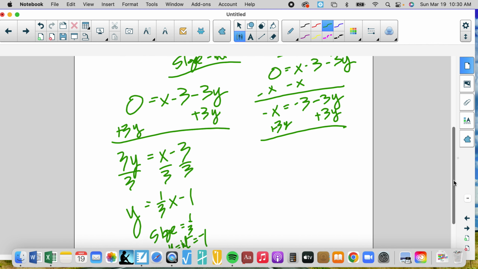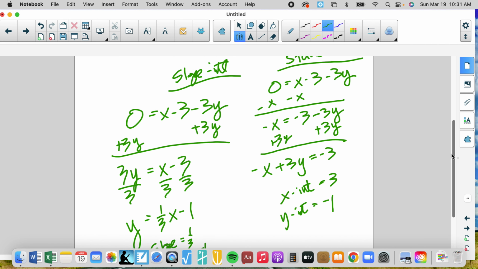And I get -x plus 3y equals -3. So my x-intercept is going to equal a +3. Plug 0 in for y. Cover up the 3y. Leaves me with -x equals -3. Divide both sides by -1. And my y-intercept is going to be -1.